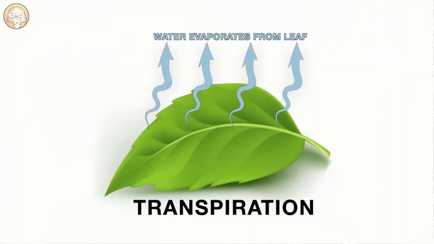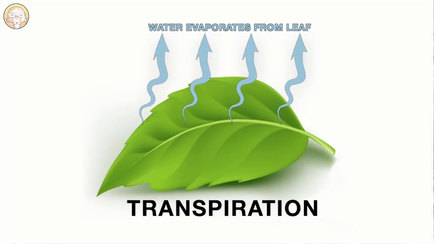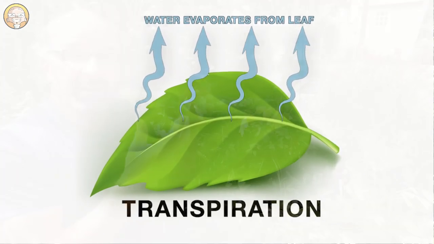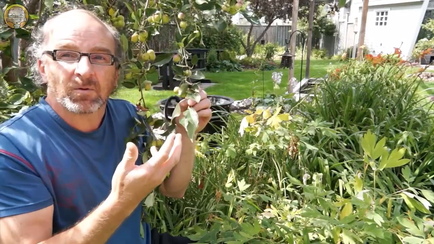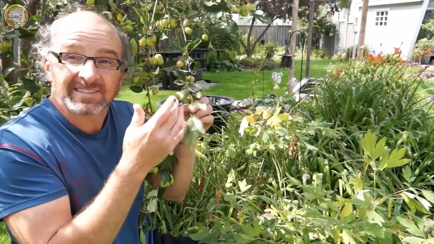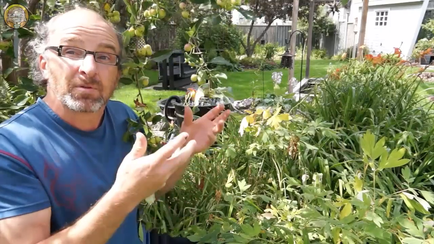Now, that's extremely important because as a leaf transpires and that water leaves the leaf, it creates a whole chain reaction of water being drawn down the branches and stems, and then up through the trunk, and then up through the ground.